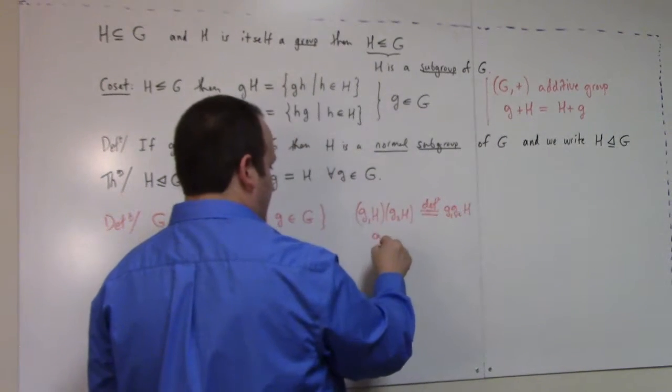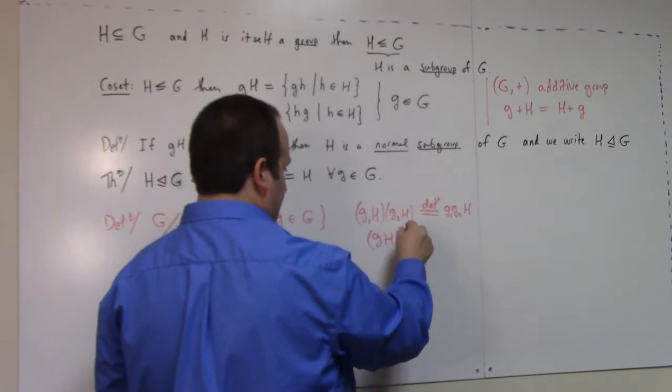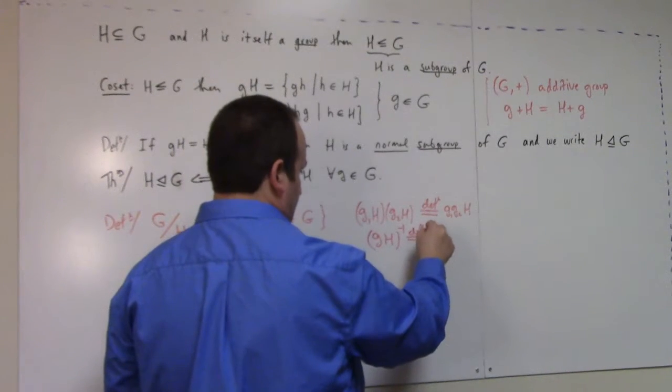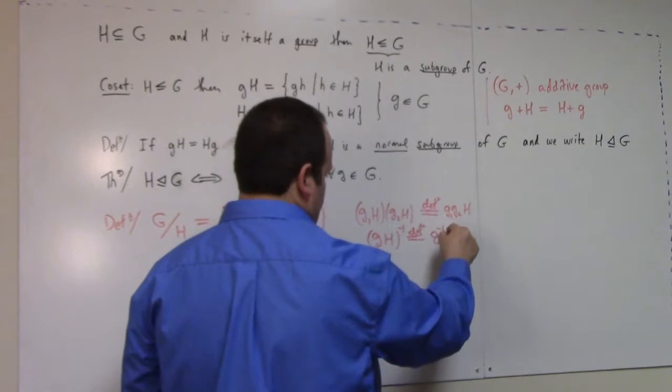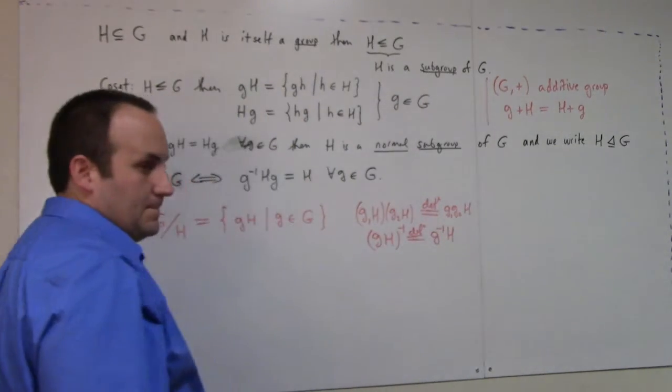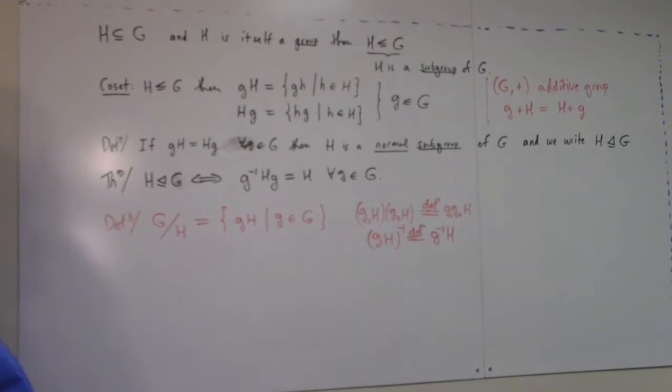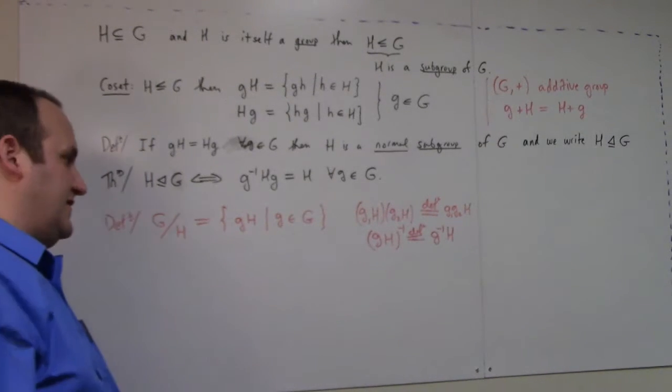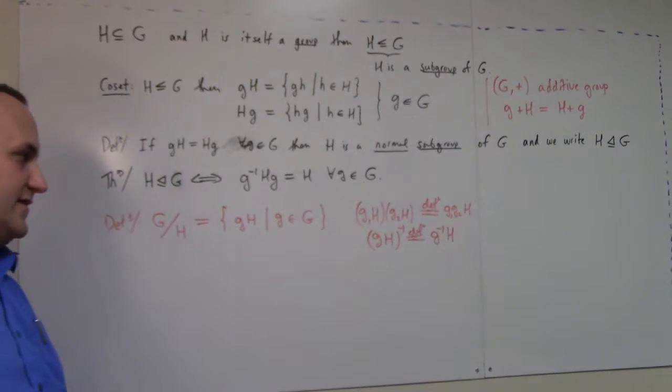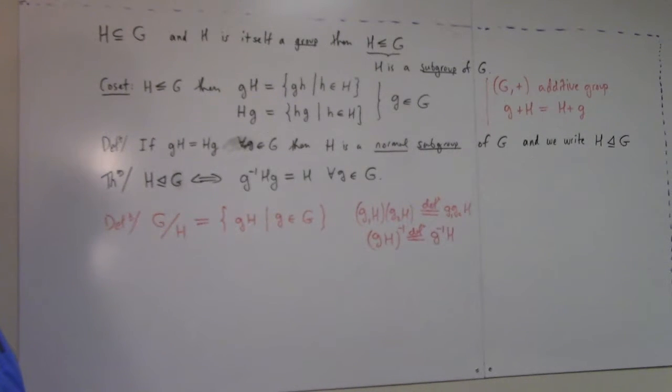And if I have gH and I want to talk about its inverse, by definition it's g inverse H. So now the question that's begged by this definition is how do you know that the definition doesn't depend on the choice of representative for the coset?